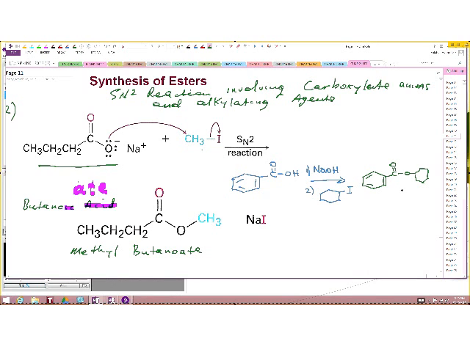Okay, so what would be the name of this ester here? What would be the name of this ester? Cyclohexyl benzoate. Very good.